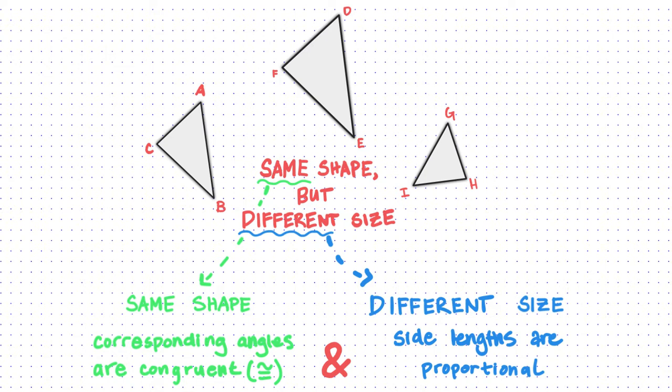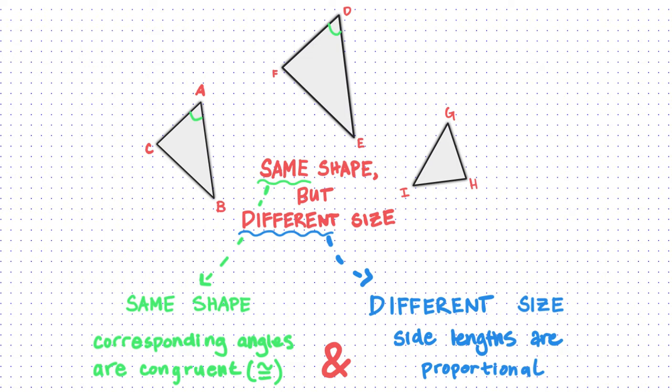In math, when I say same shape, I mean that corresponding angles are congruent. For example, in triangle ABC, angle A corresponds to angle D, meaning that they are the same angle just in different shapes or different locations.